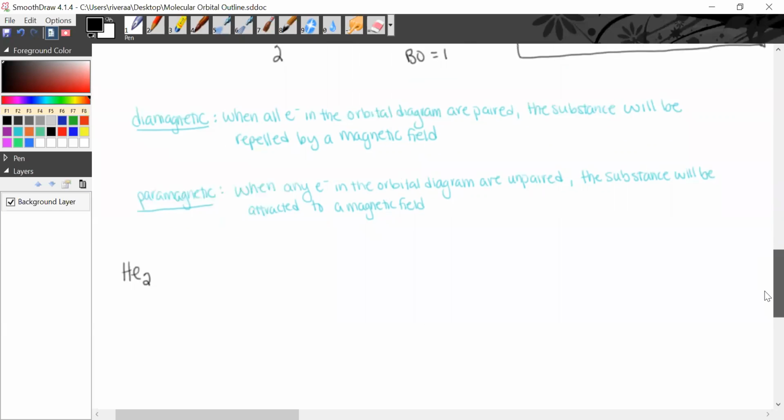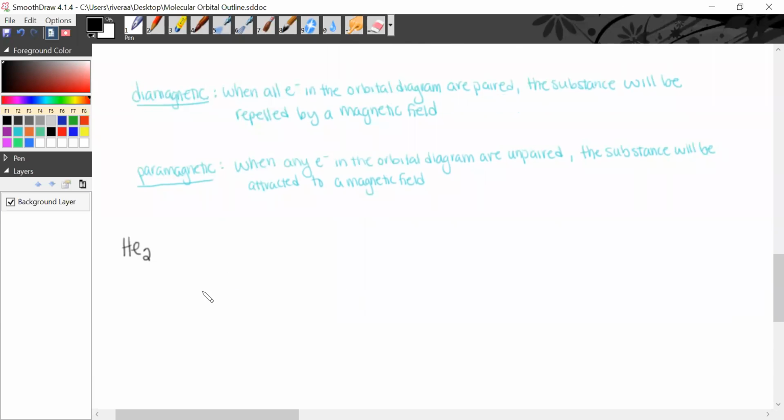So let's draw our little diagram again. Let's draw my helium. Here's my 1s atomic orbital for helium. It's got 2 electrons in it. And here's my 1s for my other helium, 2 electrons in it.